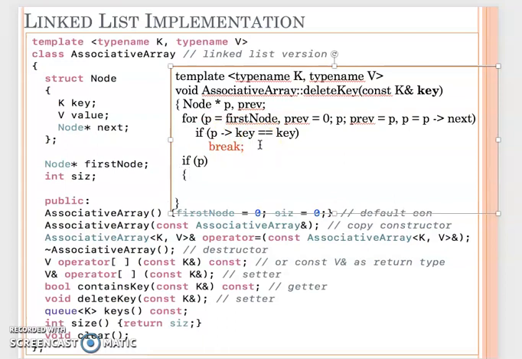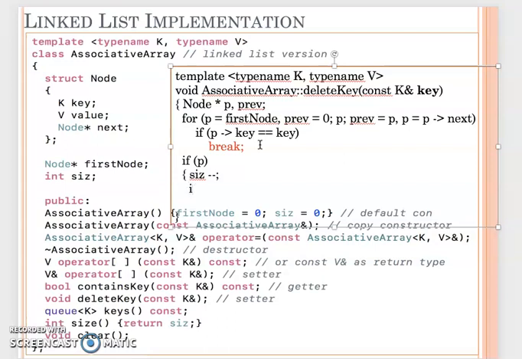So this is really how we delete the key. Since we found it, the first thing, don't forget, is to decrement the size. The other thing to check is, we need to be careful whether this P is the first node or not.